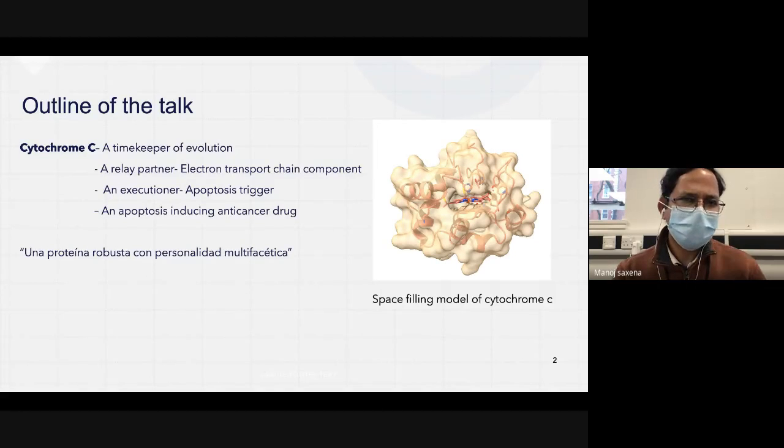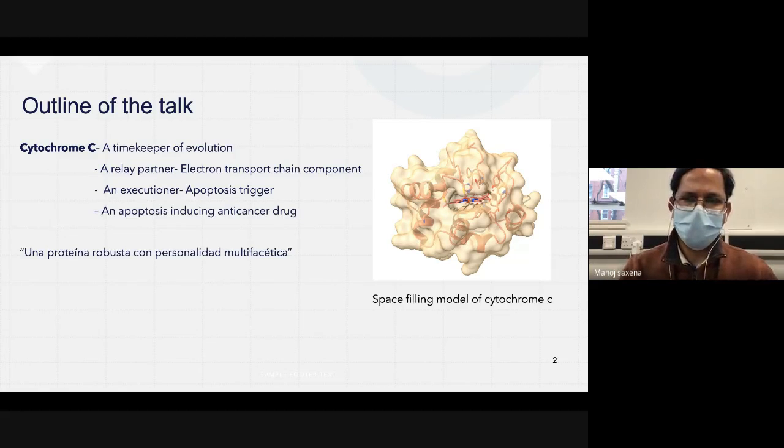And also I will give you a brief idea about what are the different roles of this cytochrome C in the electron transport chain, as well as a trigger for apoptosis or cell death.